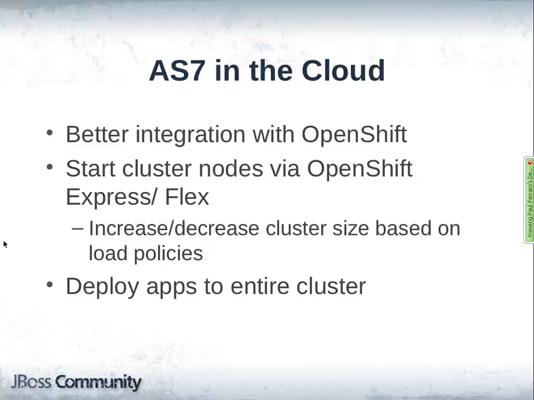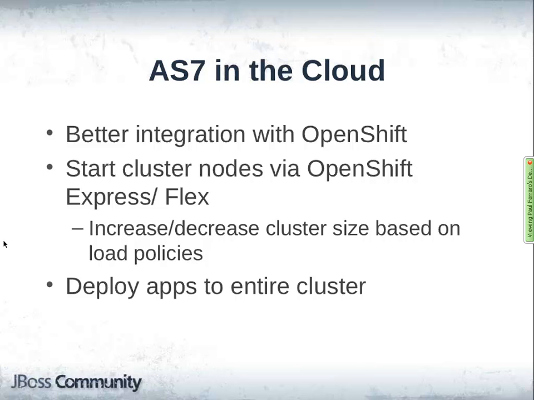OpenShift uses a special software or library to discover their nodes, and we hook into that and get that information from the OpenShift subsystem, and therefore a JBoss cluster will support OpenShift optimally through this special integration. So the goal here is to start cluster nodes via OpenShift.